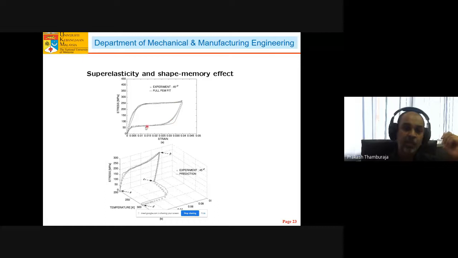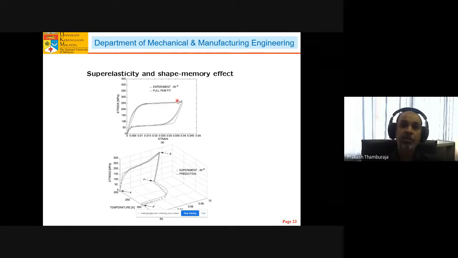When you release the stress, you completely recover your full state. It looks as though the material has not gone through any deformation, but actually it has some hysteresis imparted in the material. You get some dissipation because of the motion of the austenite-martensite transformation, and the release and absorption of latent heat. That is the superelastic effect.